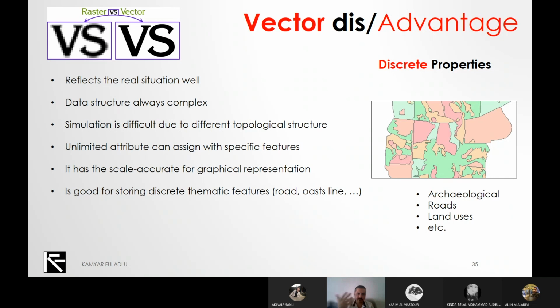So again, it is a complex structure. Simulation is difficult because these vector data use a mathematical process. Even in AutoCAD, you use a mathematical topological structure, which makes the simulation difficult.